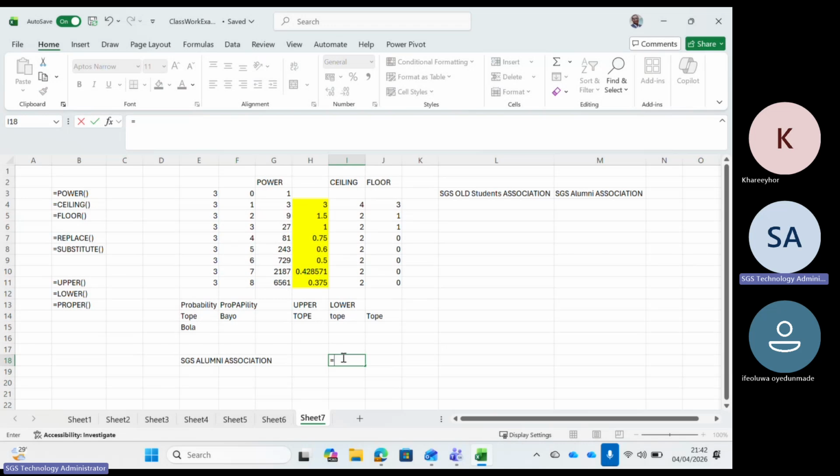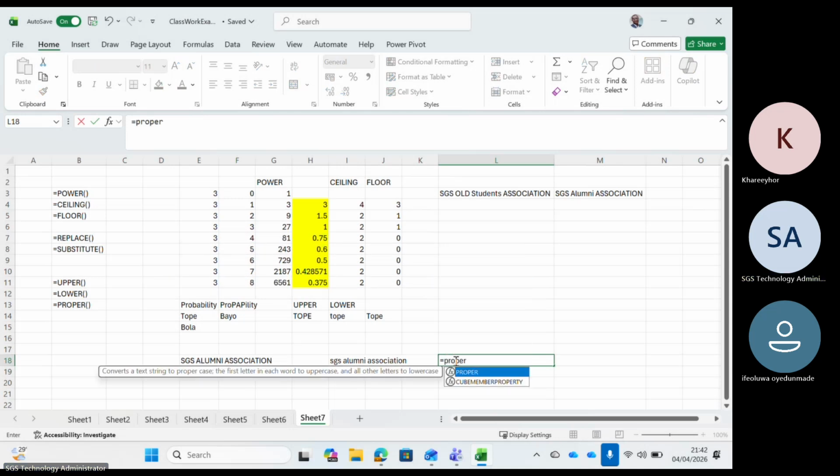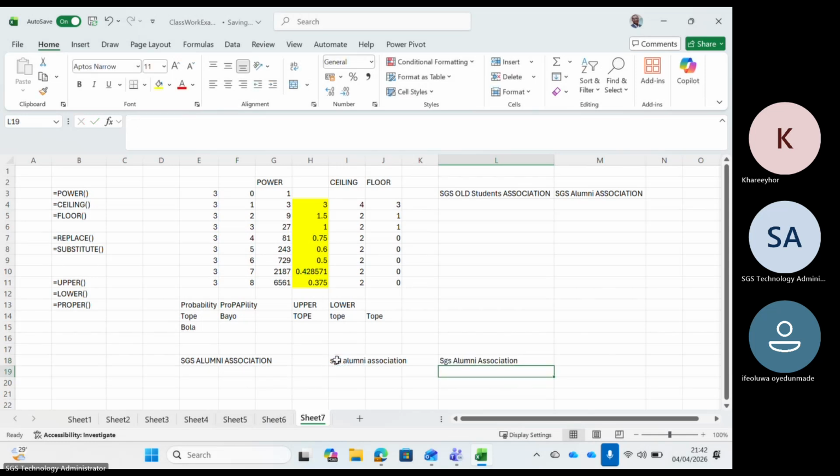Equals lower. Everything becomes small letters. If we now make it proper, try to see what happens. So it makes all the first letters of every word capital letter. That's the function proper.